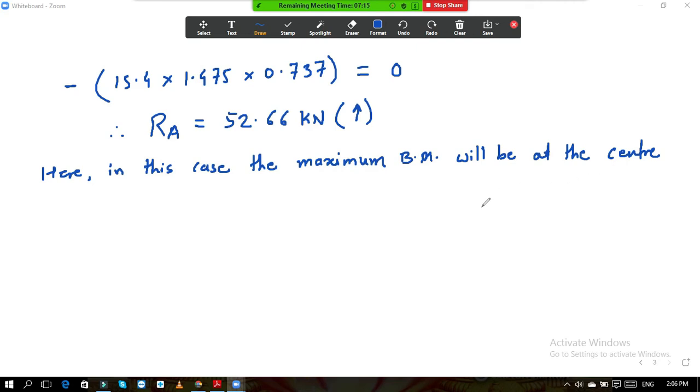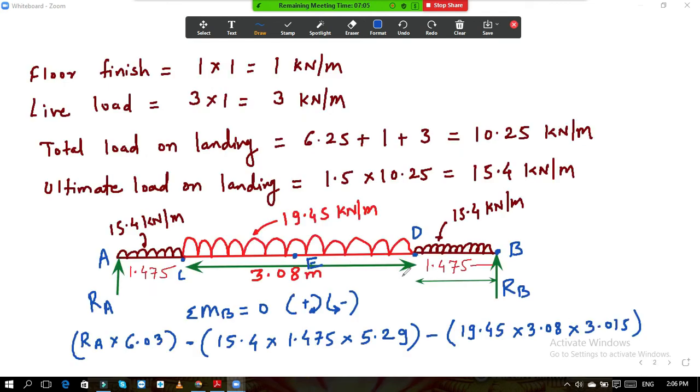Okay, so now to calculate the maximum bending moment, here is the diagram.